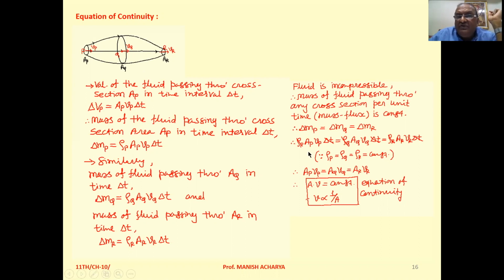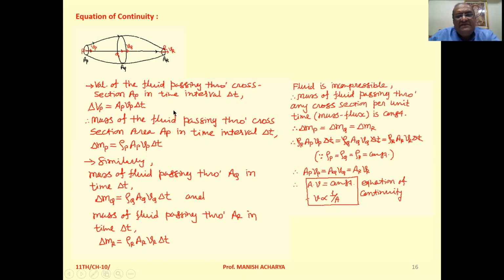So we can write delta mp equals delta mq equals delta mr. Now substitute these values: rho p AP Vp delta t equals rho q AQ Vq delta t equals rho r AR Vr delta t.